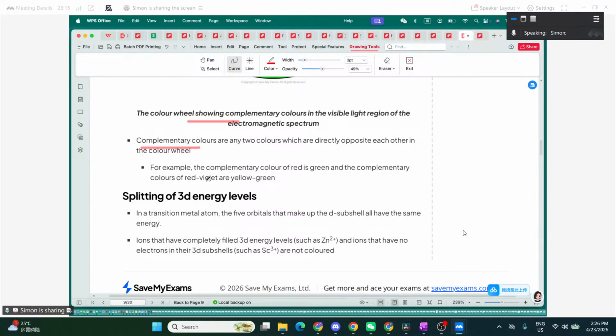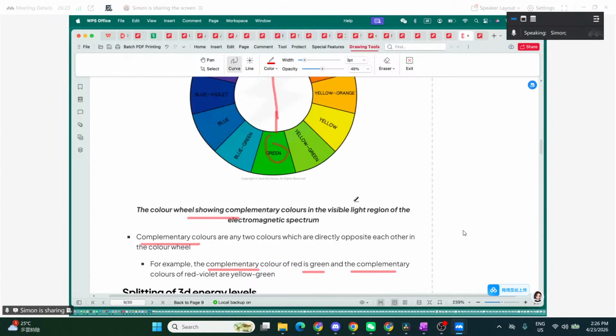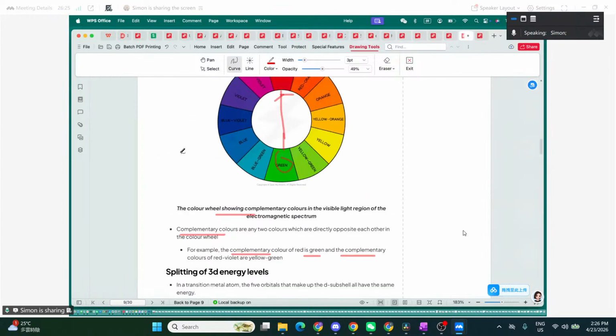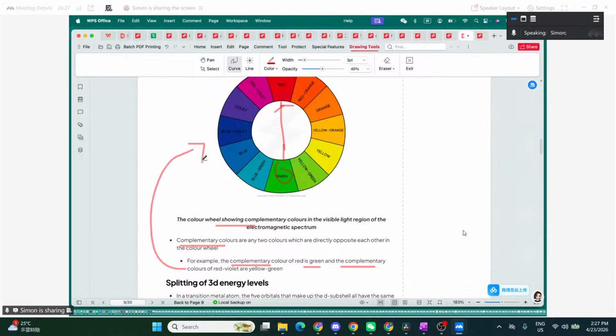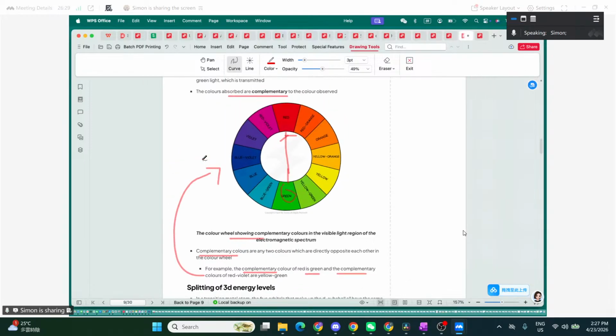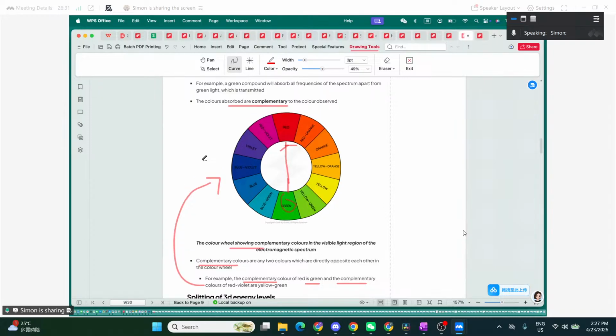For example, the complementary color of red is green, and the complementary color of red violet is yellow green. Look at the wheel and tell me, what is the complementary of red? Green. And the complementary of red violet is yellow green. Is that right? Okay.